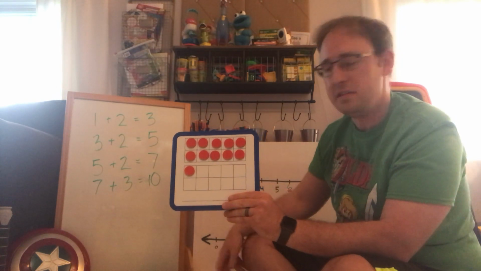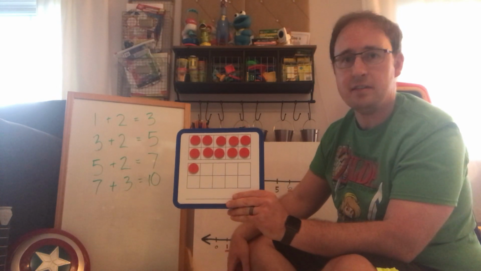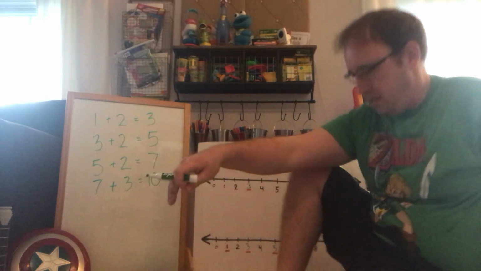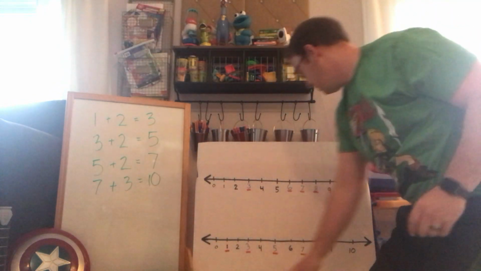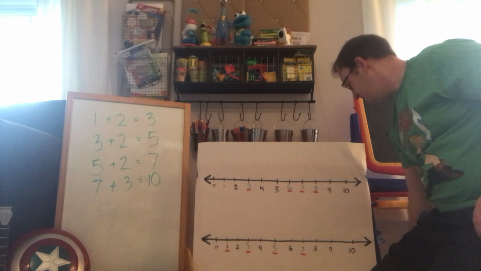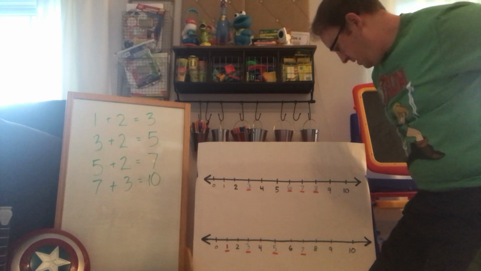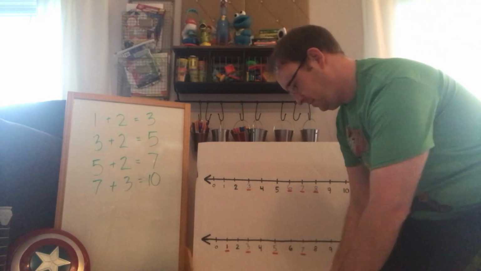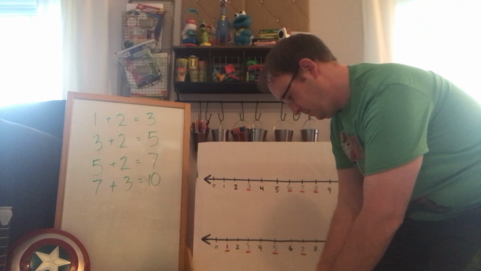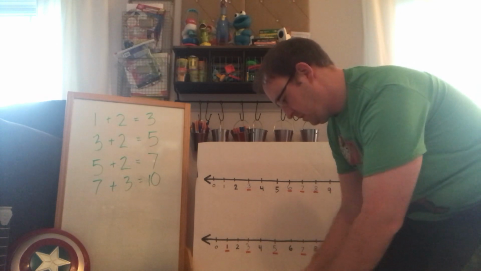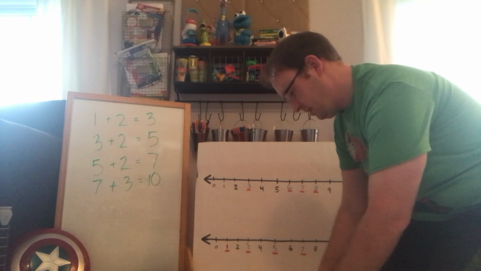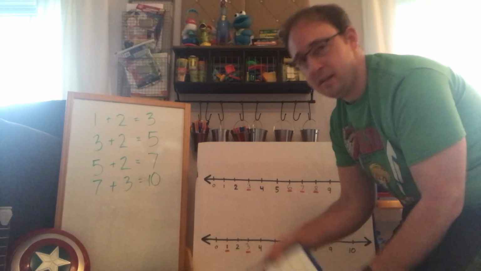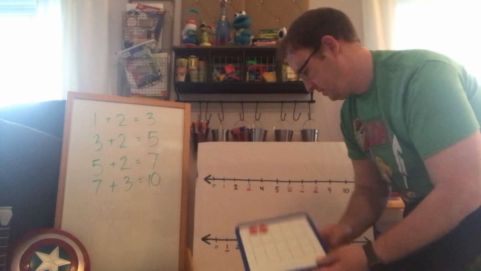Okay, you guys can also use number lines to help you with this, and I'll show you how to do that right now. Let me put down my game board here. Grab my marker. So let's say you're starting to play the game. Let's say that you already had 2 on the game board, okay?